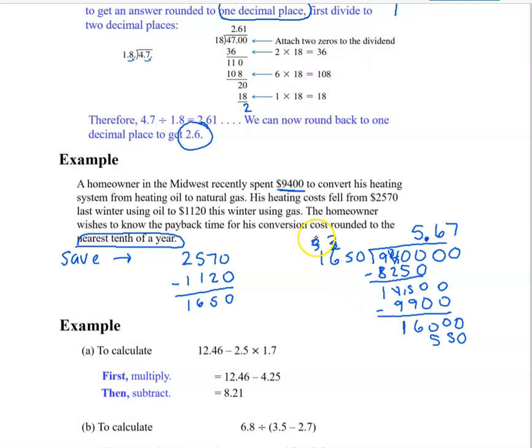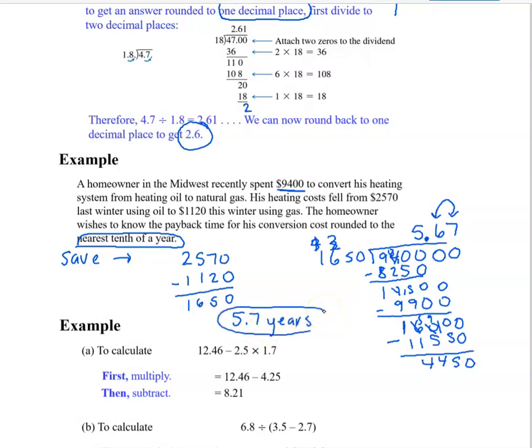Carry your 4 this time. 7 times 1 is 1, plus 4 will be 11. So I'm going to make this a 10, so we know we've got to back up. So 4,450. So I still have a remainder, but I can stop this problem because I have this digit. And this digit tells me that the 6 needs to be rounded up to a 7. So my answer would be 5.7 years.